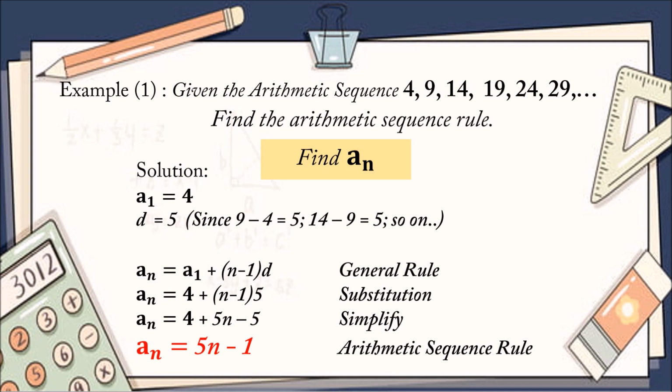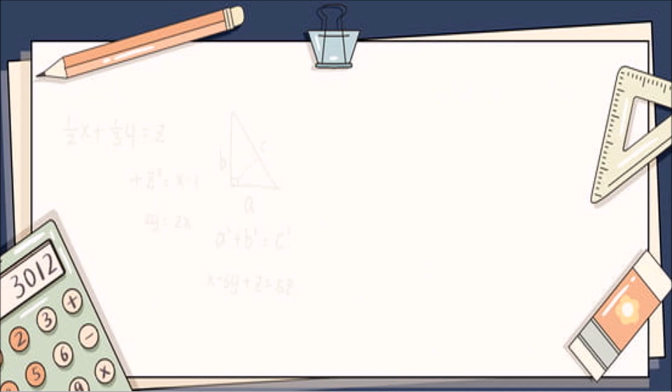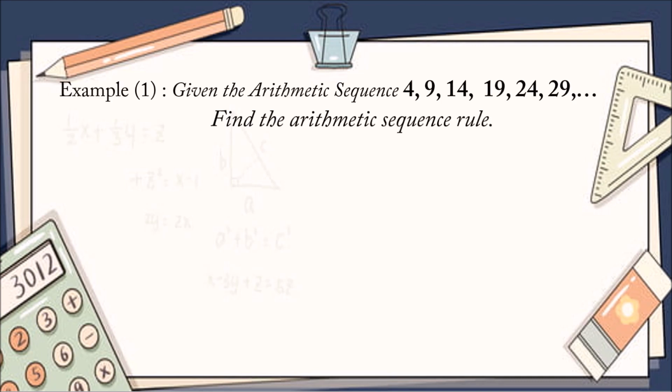We will have the result, a of n is equal to 5n minus 1 as our arithmetic sequence rule. Para naman malaman natin kung tama ang ating sagot sa ating arithmetic sequence na nakuha nating a of n is equal to 5n minus 1, we have to check.